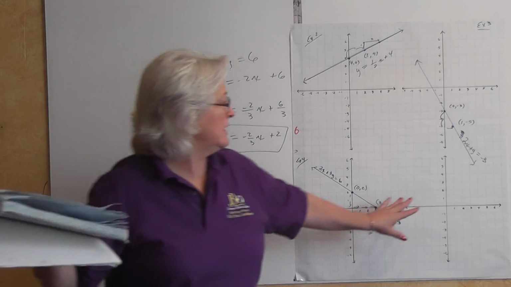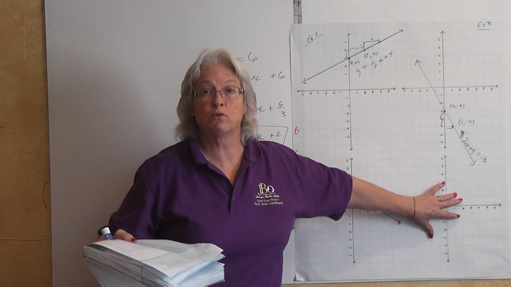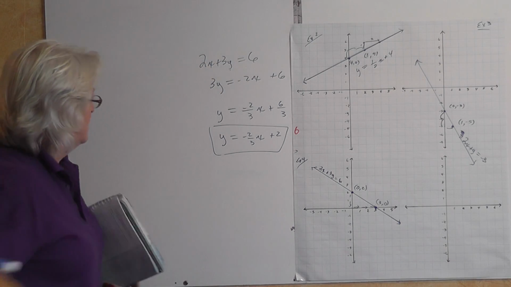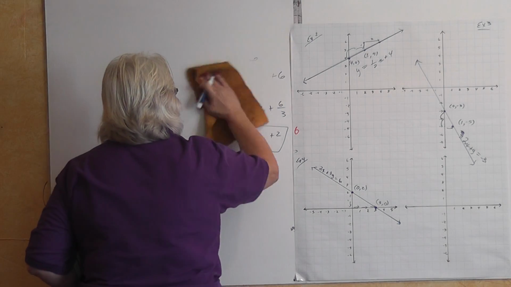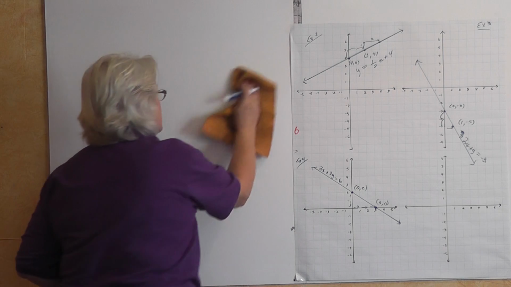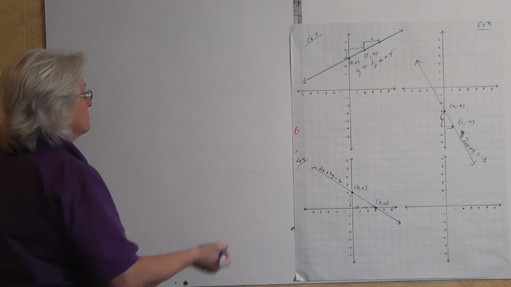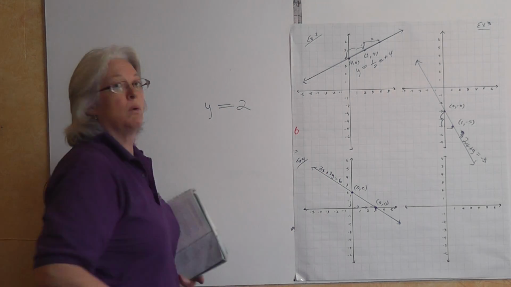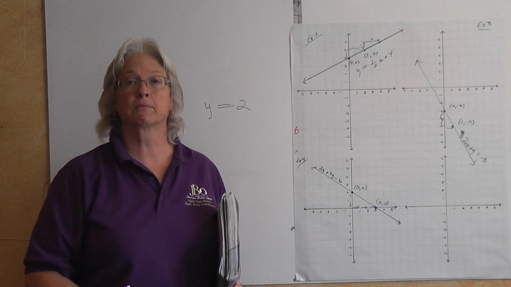And I do want to go ahead and do one more special form over here in example number 4. So what would happen if we have this equation, graph y is equal to 2?